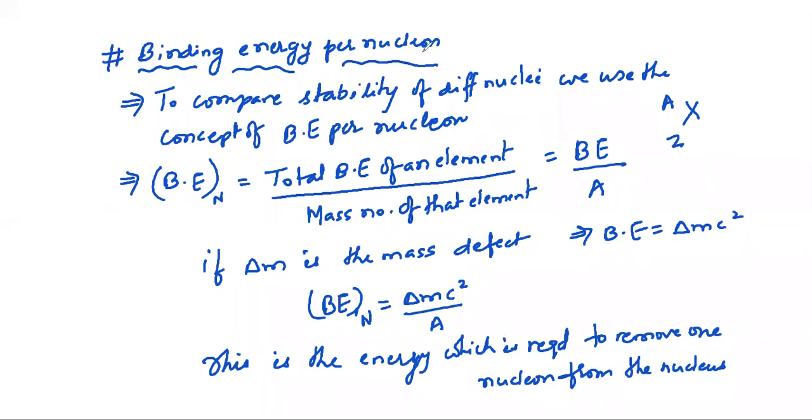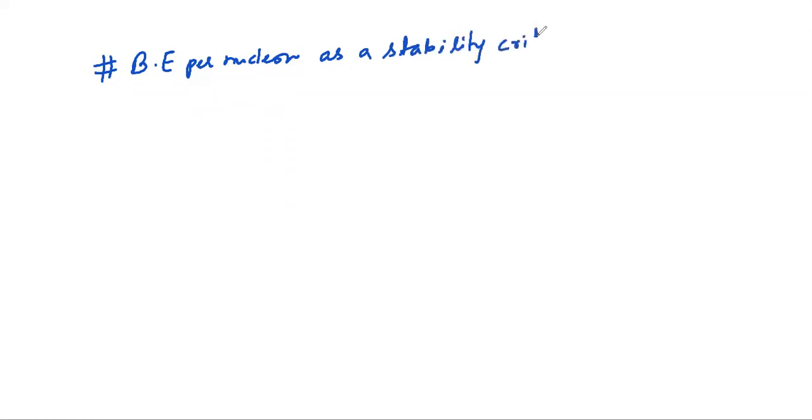I'll just tell you how it is used to compare the stability. First, please note this down. Let us take an example to understand this better. We are going to discuss binding energy per nucleon as a stability criterion through an example.